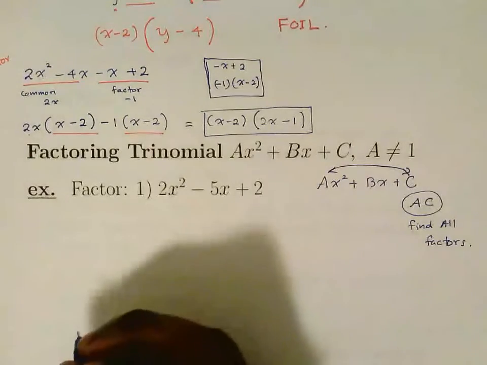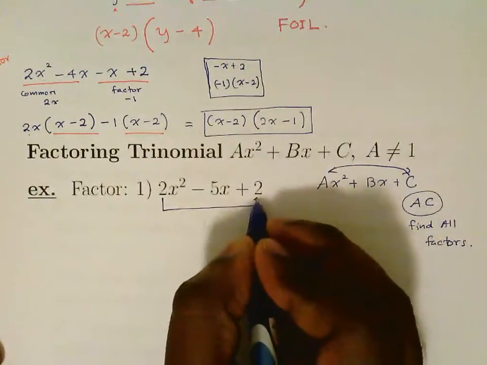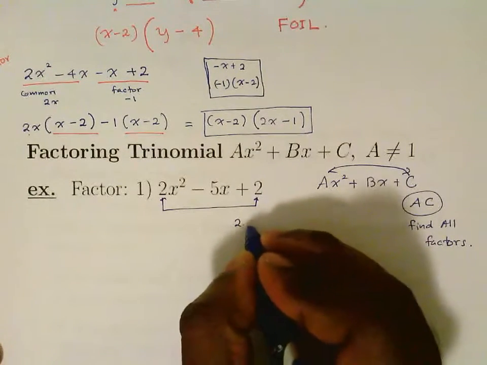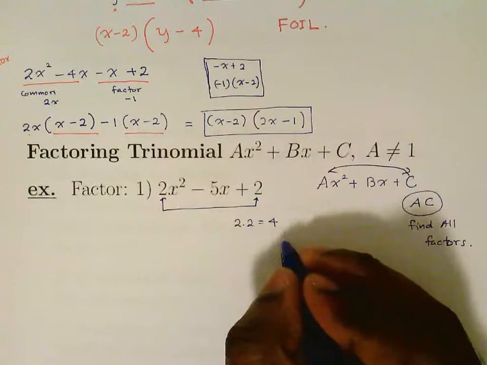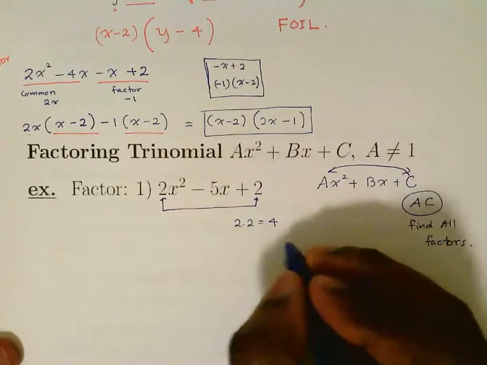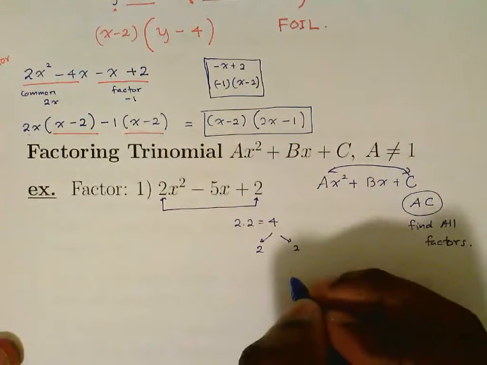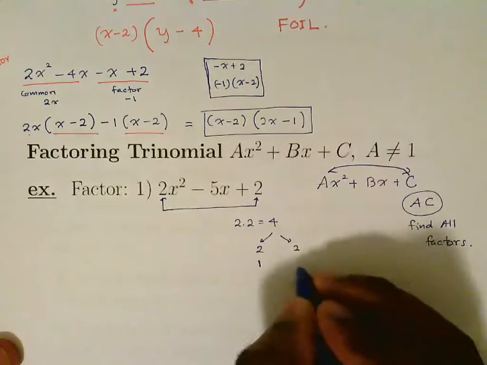Let's do that here. I will multiply these two. That is 2 and 2. That's 4. So the factors of 4, different factors, not prime factors, just factors. Factors of 4 are of course 2 and 2, that is what we already got, and 1 and 4.